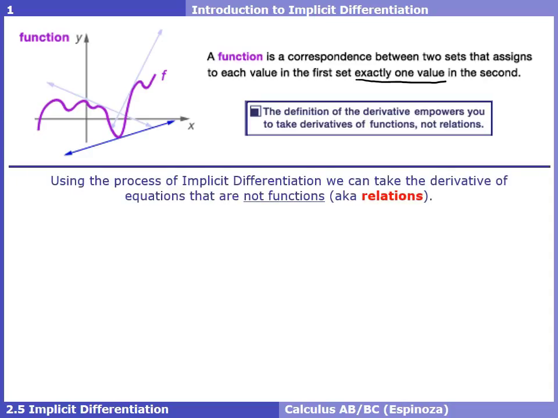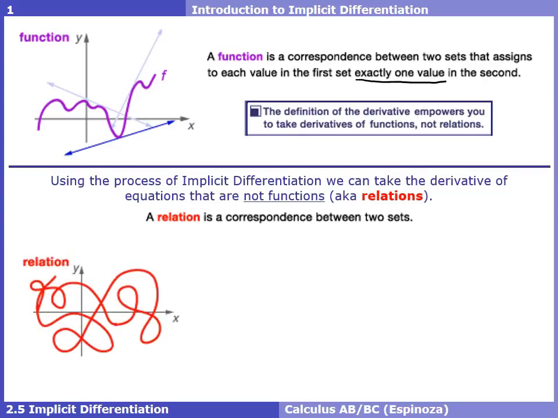And of course, there's many different slopes along this function that is drawn. But implicit differentiation is going to help us to take derivatives of equations that are not functions, or in other words, relations. So what do relations look like? Well, first, a relation is just a correspondence between two sets. It doesn't have to have one set exactly having one value in the second.